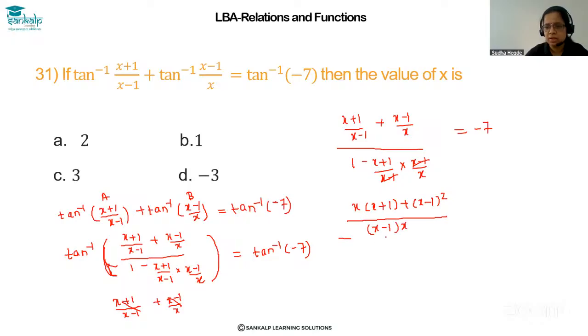So now you take the denominator. Okay. It is (x minus (x plus 1)) divided by x. This x you can cancel, that is equal to minus 7. Correct?